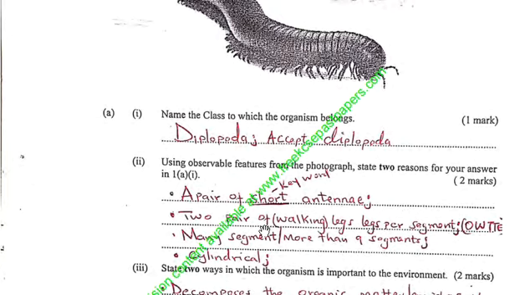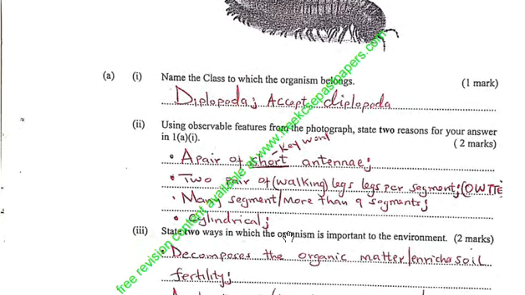Diplopoda has 2 pairs of legs per segment, while Chilopoda has 1 pair of legs per segment. Diplopoda is cylindrical, while Chilopoda's body is dorsoventrally flattened. Chilopoda has fewer segments compared to Diplopoda.